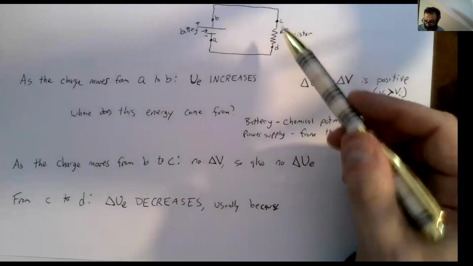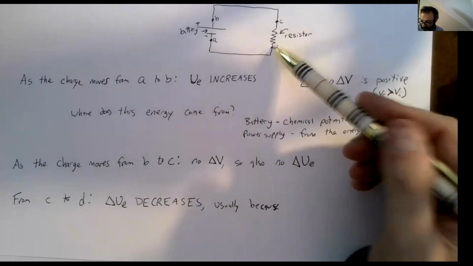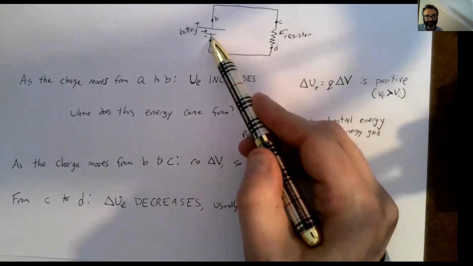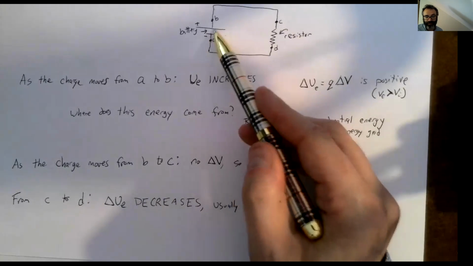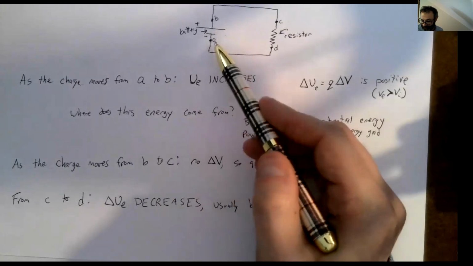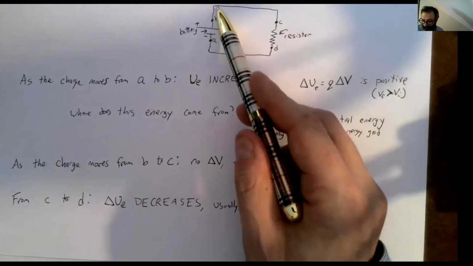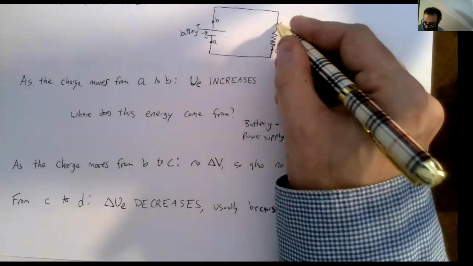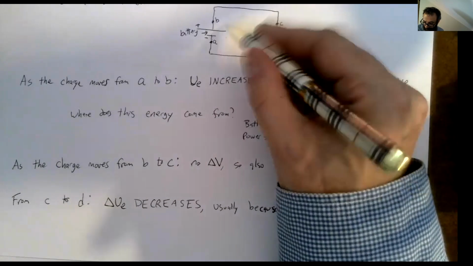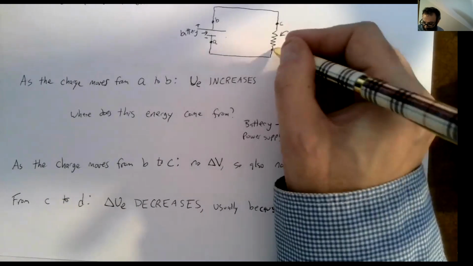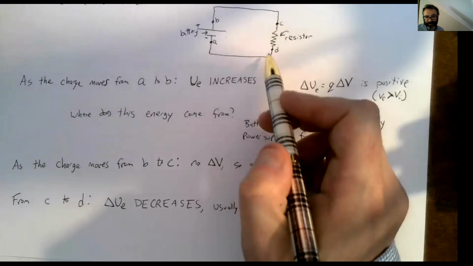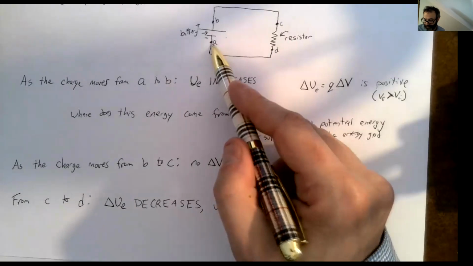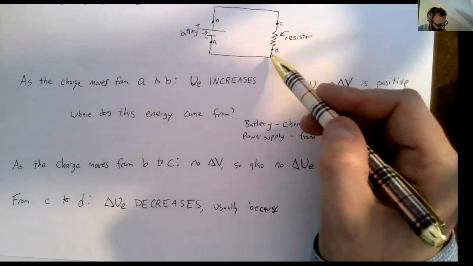And the potential difference is going to decrease, right? So we know from the battery that this is the low potential end and this is the higher potential end. And we know that going across an ideal wire doesn't change the potential. So that means we still have high potential over here at point C because it's at the same potential as the positive terminal. We have low potential over here at point D because that's at the same potential as the negative end, right? So we've definitely got a decrease in potential going from here, right?